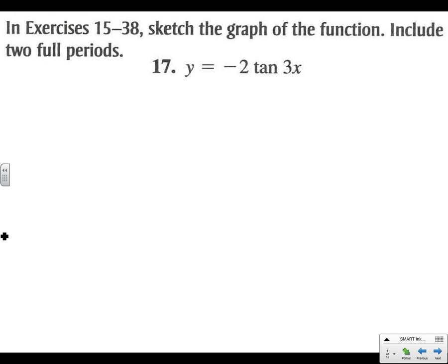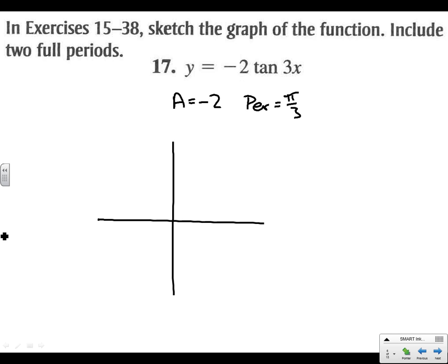All right, see if you can do the same thing with -2 tan 3x. All right, our amplitude is -2. Our period is pi over 3. Go ahead and graph this. Asymptotes will be at pi over 6 and negative pi over 6.